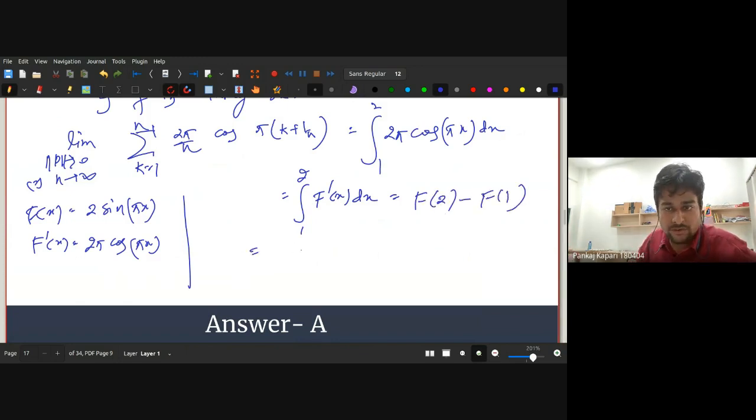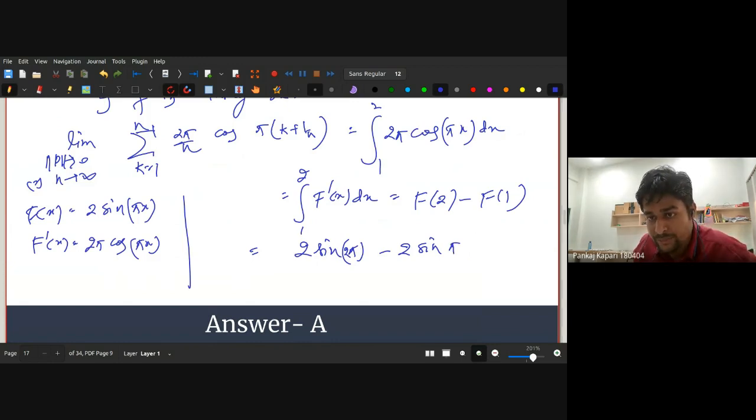Now if you calculate F(2), it is 2 sin(2π), and F(1) is 2 sin(π).